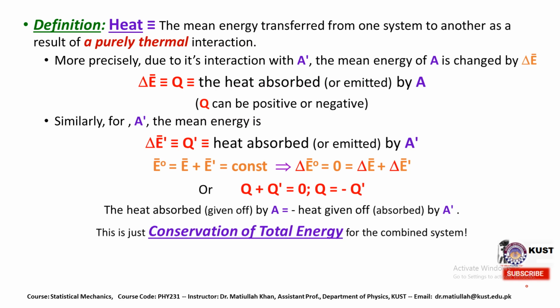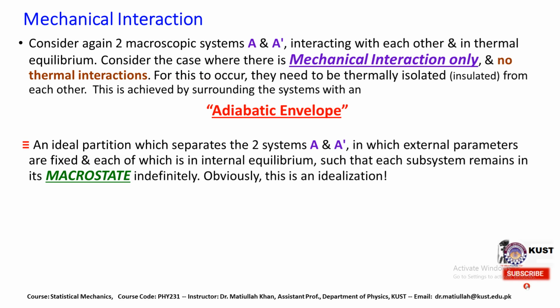So the total energy of that system is conserved. Because the system is placed in an isolated configuration, the only conclusion we get is that the heat absorbed by one system should be equal to the heat given out by the other system, so the total energy of that system remains conserved.